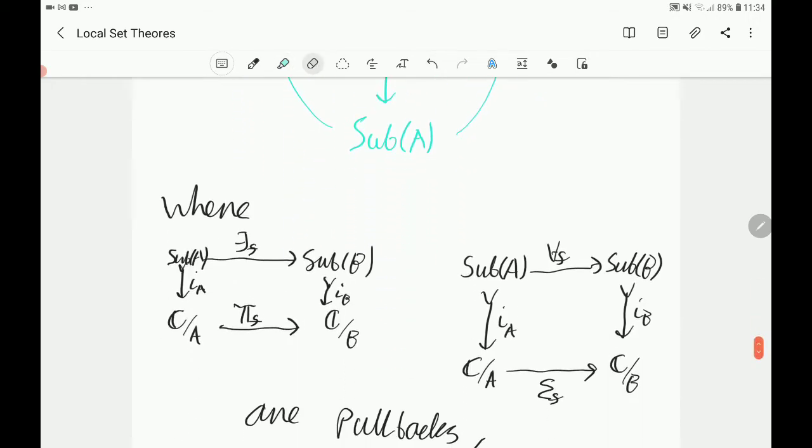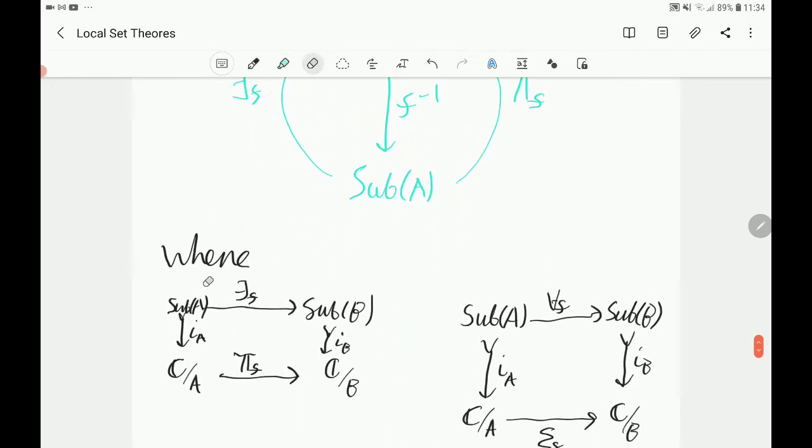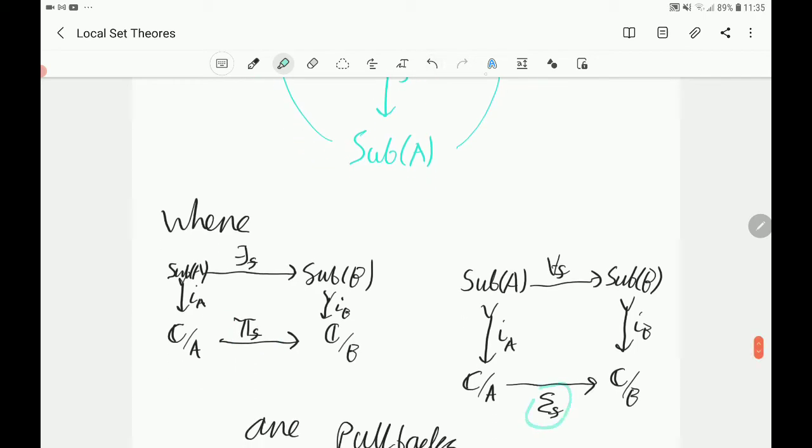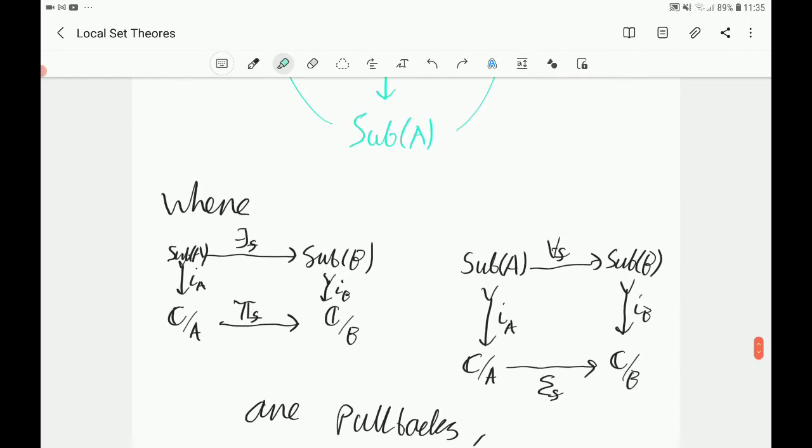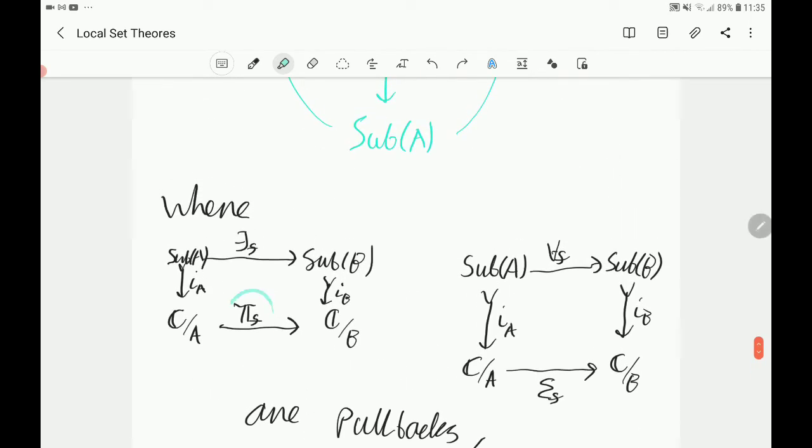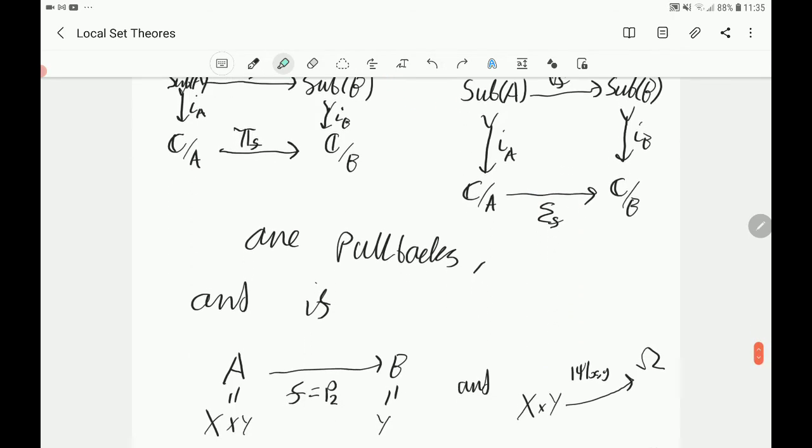And so we're going to have that these are pullback squares, because the existential thing, I think, is just going to correspond to the restriction of the pi thing on the subobjects. And similarly here, again, maybe this is even written in McLean somewhere, I've got to check. So in fact, just understanding pi f and sigma f is enough, I think. We can just think about how it restricts to monics.